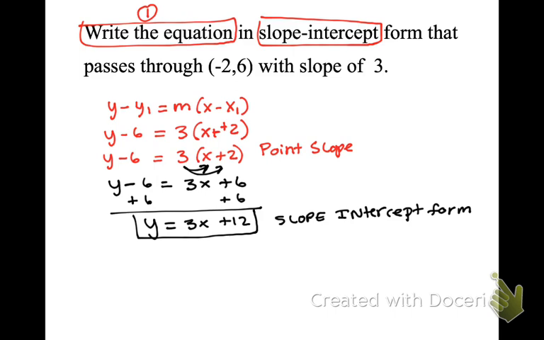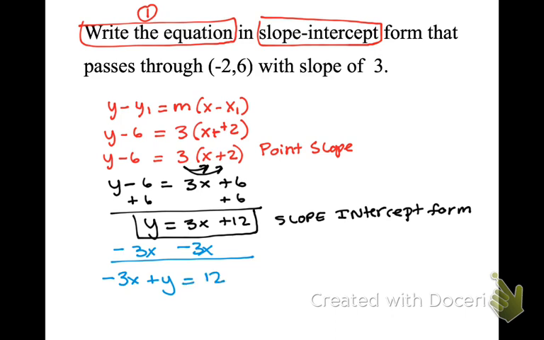So I am going to, let's see, standard form. To get this into standard form, x and y are on the same side. What am I going to do, Karen? Subtract the 3x. I end up with negative 3x plus y equals 12.